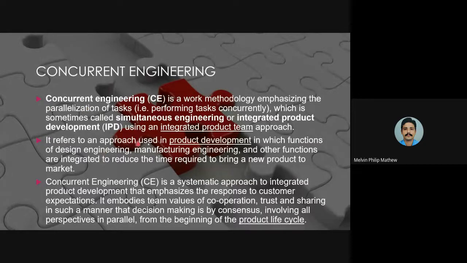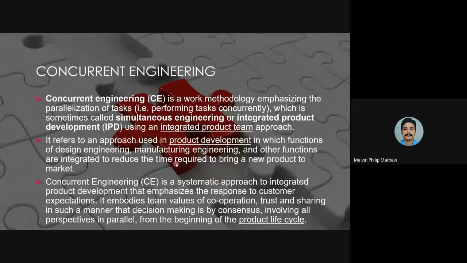It refers to an approach used in product development in which the functions of design engineering, manufacturing engineering, and other functions are integrated to reduce the time required to bring a new product to the market.